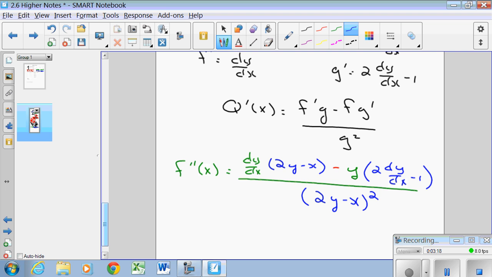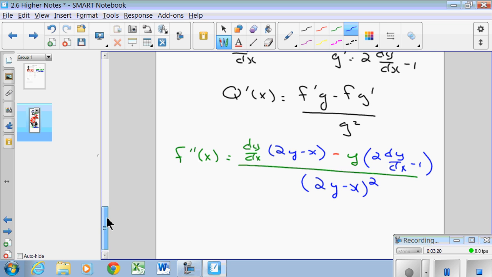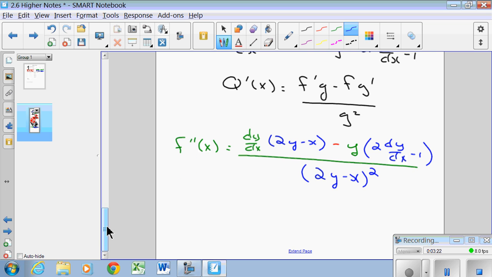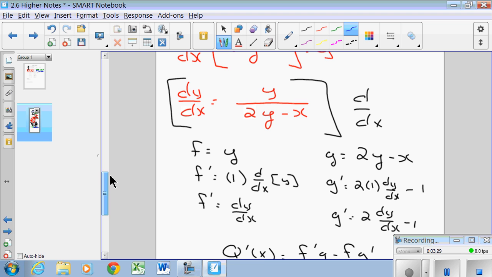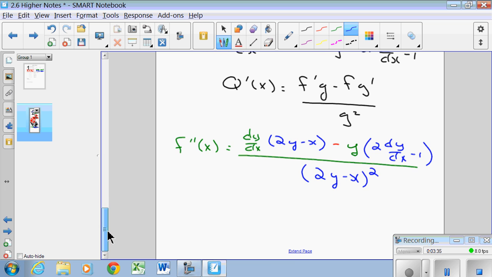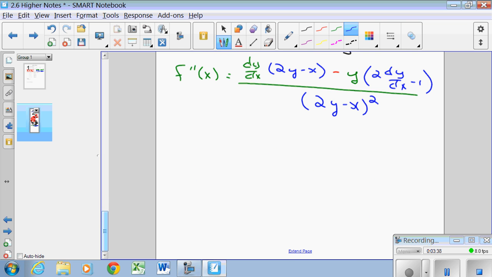So we want to simplify this. We want to get to just an expression for what the second derivative is, which means where we have our dy/dx's, we have to go back to substituting what dy/dx was earlier on in the question, and dy/dx is y over 2y minus x. So every place we have dy/dx, we are going to put in y over 2y minus x. That's a straight substitution for the derivative.